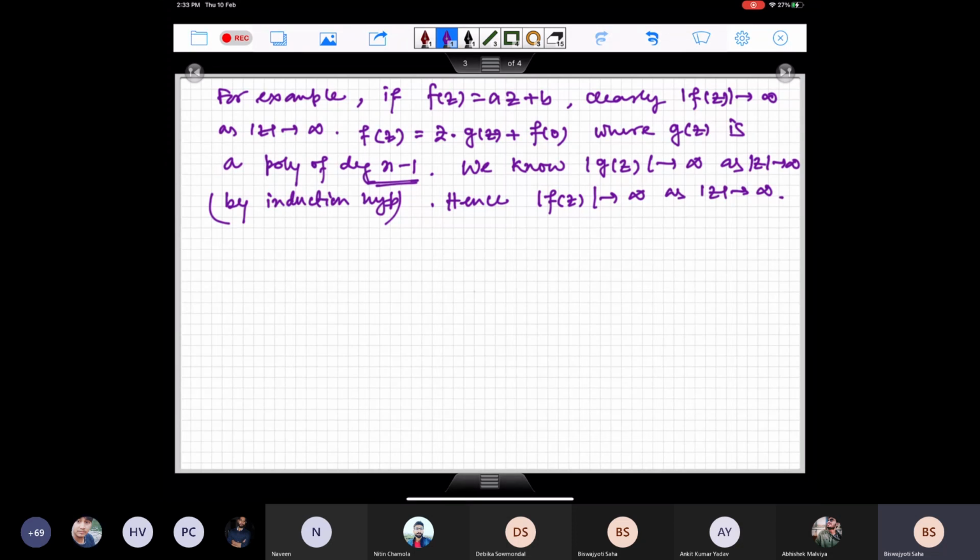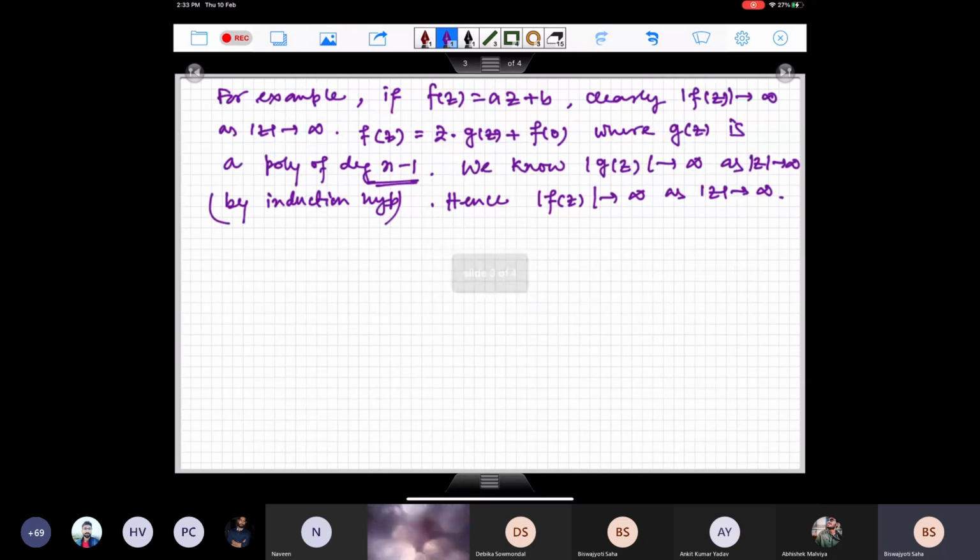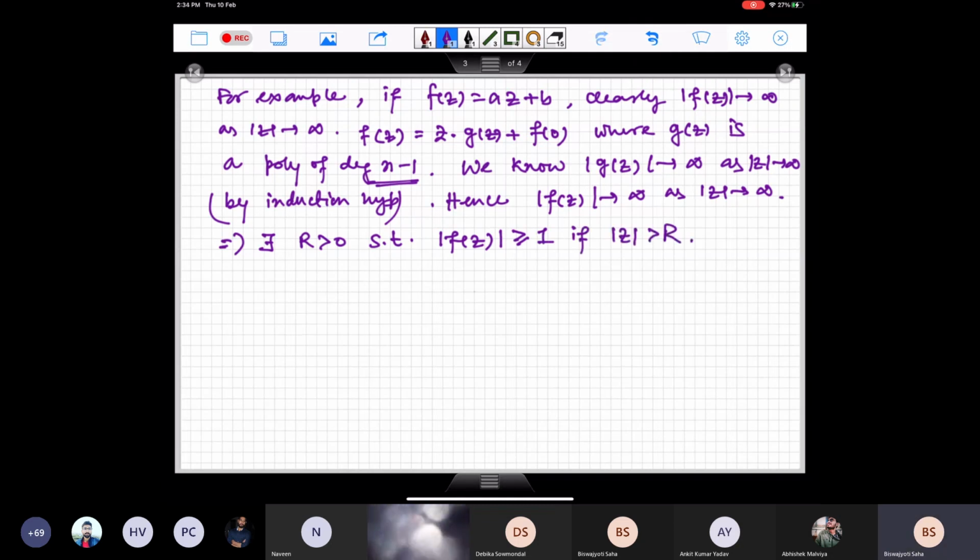So why is this information relevant? The information is relevant for the following reason. Here I have mod of f of z going to infinity as mod z tends to infinity. So this implies there exists, let's say, r positive such that mod of f of z is bigger than or equal to 1 if mod of z is bigger than r.